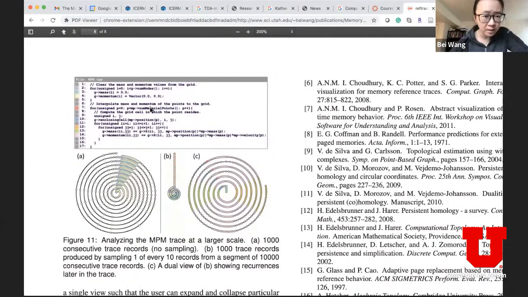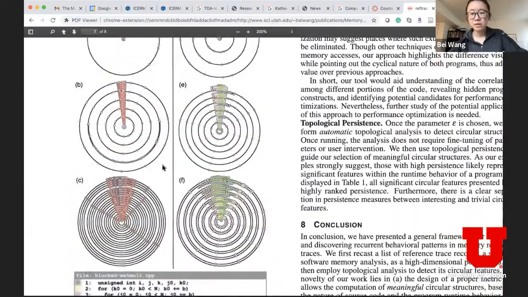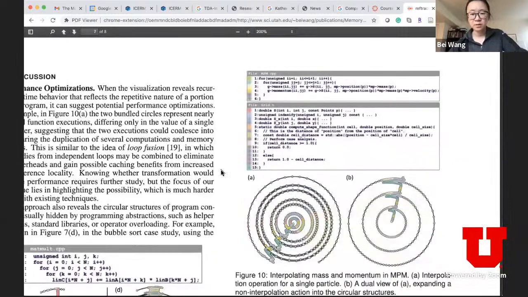In this case, you're looking at the execution of this code, and of course, the obvious periodicity behavior always comes from for loops, but there are also things related to how many times. Oh yeah, here, sorry, this should be the code.